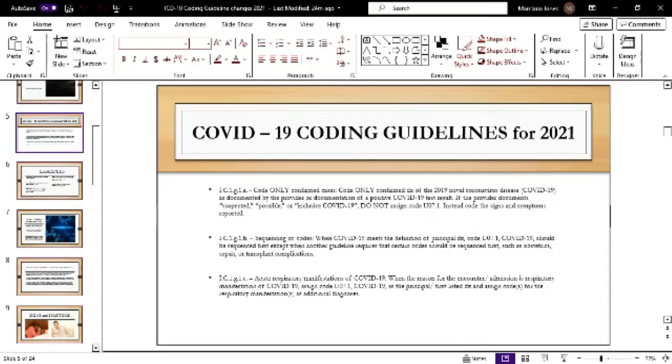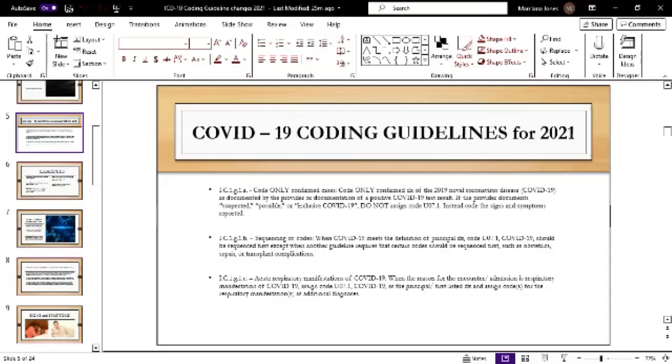So again, I'll say it. When COVID-19 meets the definition of principal diagnosis, you're going to use U07.1, which is the COVID code. And it should be sequenced first, except, there's usually a lot of exceptions in coding. There's an exception here, exception there, exception everywhere.